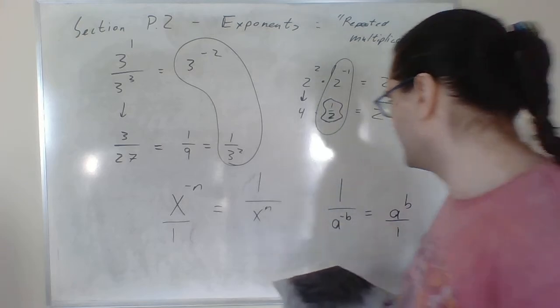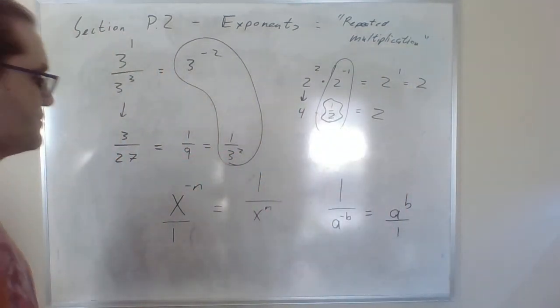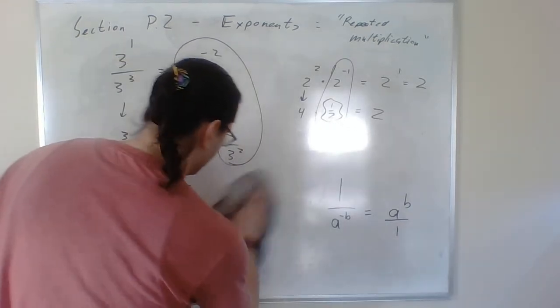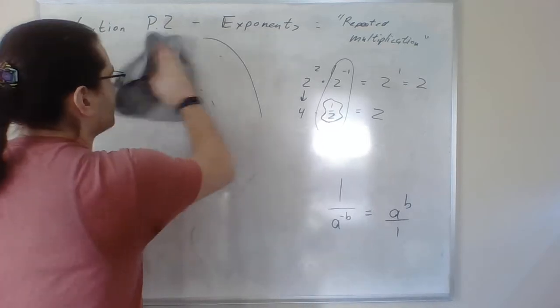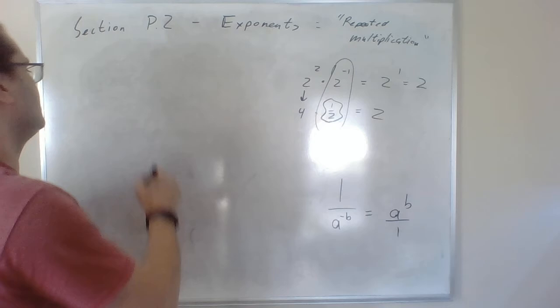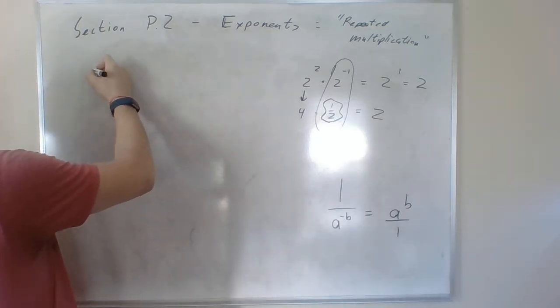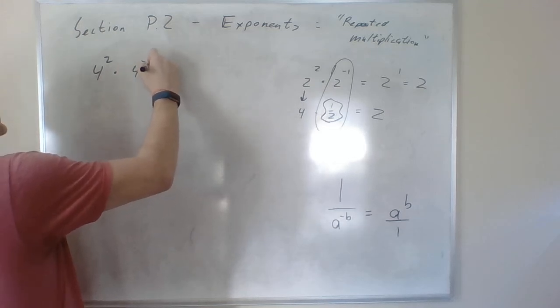If that's how negative exponents work, and we already have a pretty good idea of how positive exponents work, then the next question becomes: what if I have an exponent that isn't positive or negative? Let's see if we can engineer that sort of situation. Let's talk about 4 squared times 4 to the negative 2.